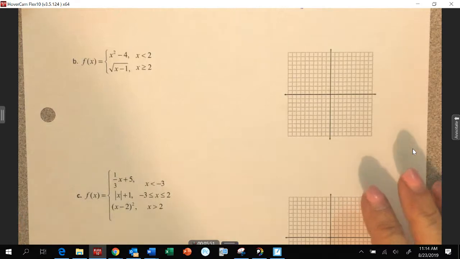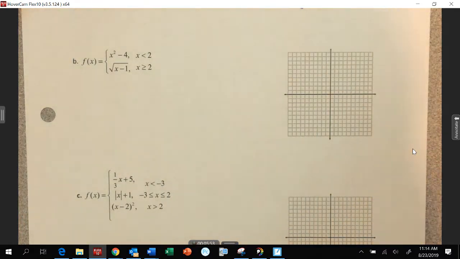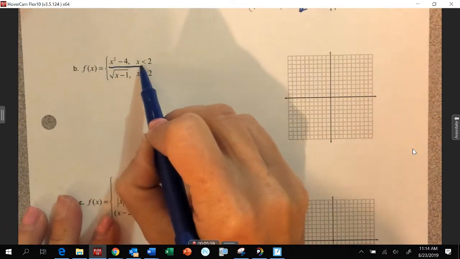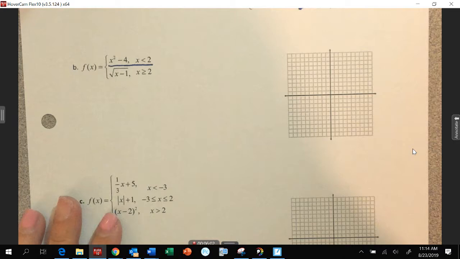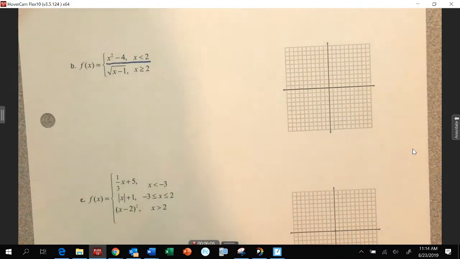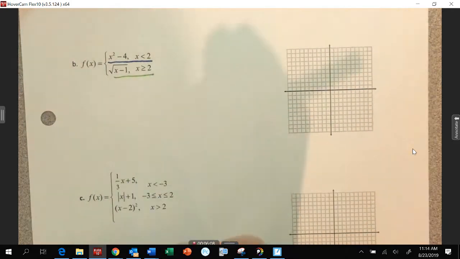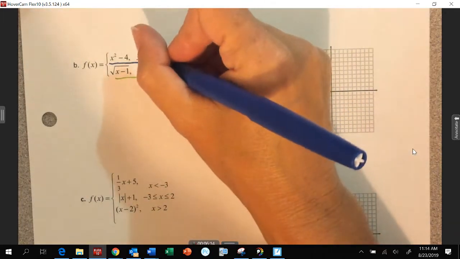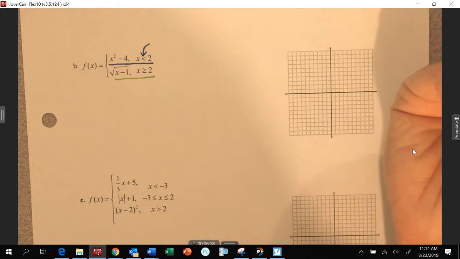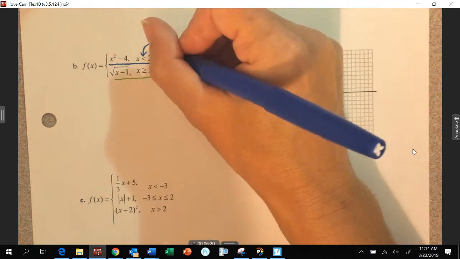So question B, I'll graph these a different way so you can see other methods of graphing. Question B, x squared minus 4, my domain restriction is x is less than 2. And then square root of x minus 1, domain restriction is x is greater than or equal to 2. If I have a less than, is that going to be an open or a closed dot? That'll be open.